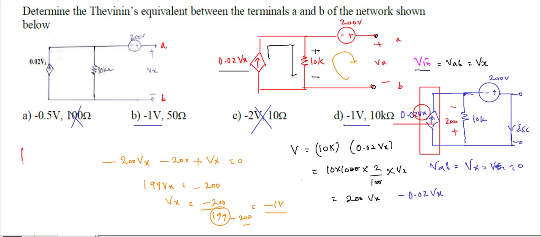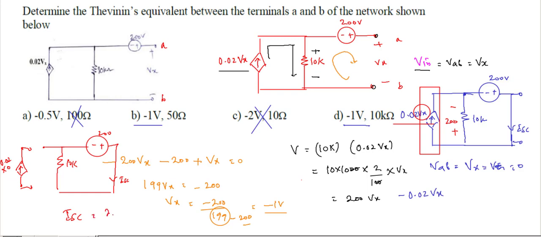So 0.02 into Vx is 0, so the current source current is 0 means it is open. So here it is 10 kilo ohm, and this is minus plus 200. So this is the short circuit ISC. ISC equal to 200 by 10 kilo ohm, so 20 milliamperes.